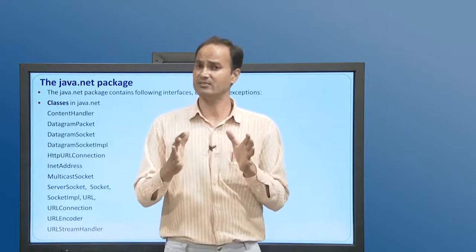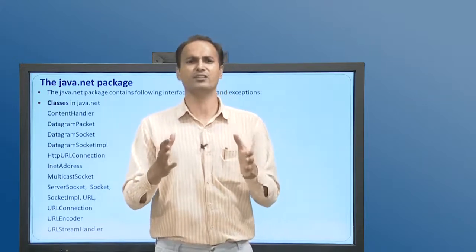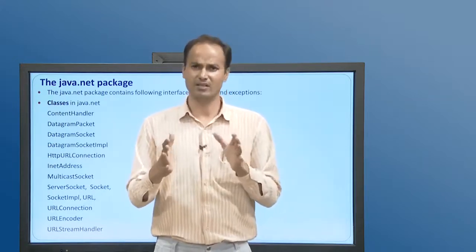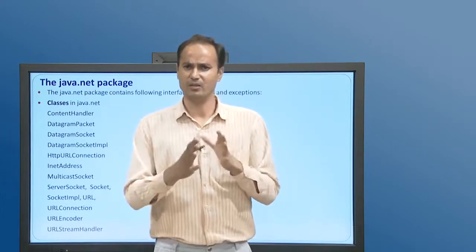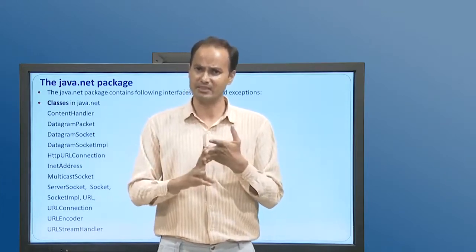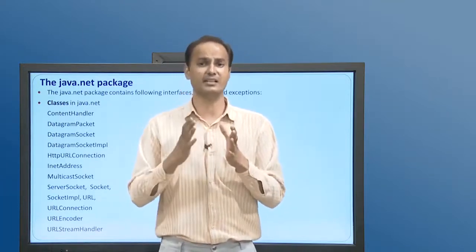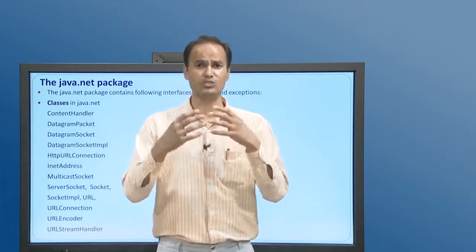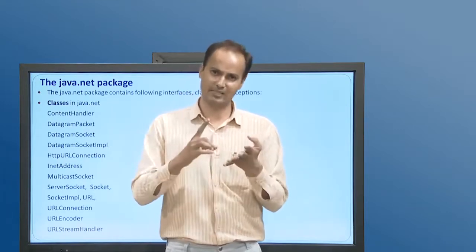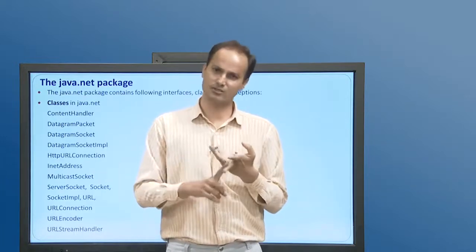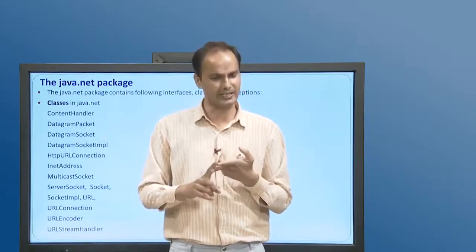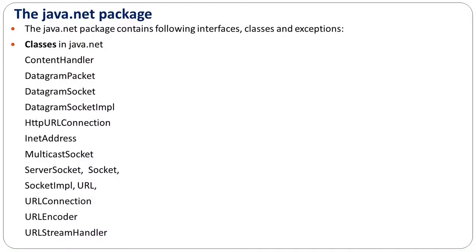A package is a collection of classes, interfaces, and other functionality as well as exceptions. Various classes are there in the java.net package. Among them, the most important are the Socket class, ServerSocket class, DatagramPacket, DatagramSocket, URLConnection, and URLEncoder. There are other classes too, but these most important classes are the ones we are going to discuss in detail.